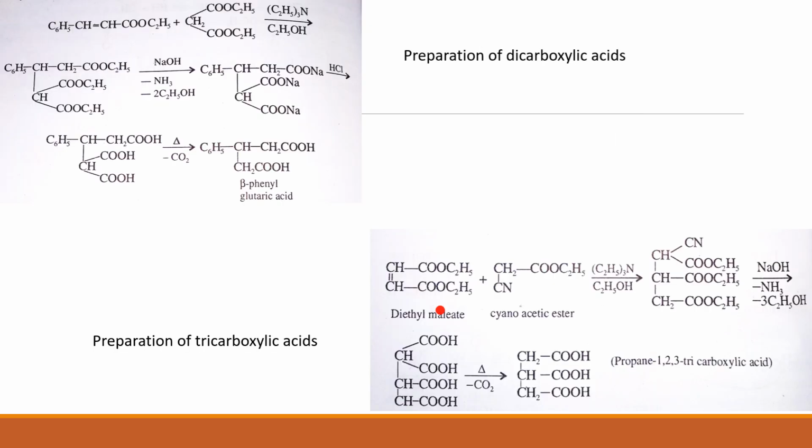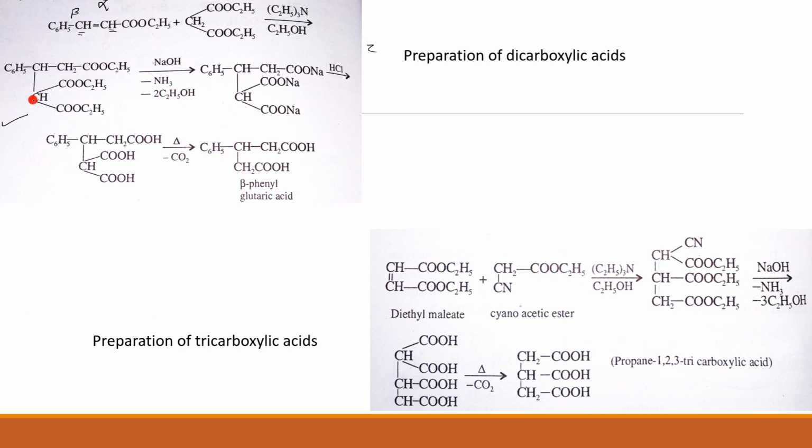These are some other reactions, applications where it's the same thing. Addition: this is your active methylene group, and this is your alpha beta unsaturated carbon atom. So this is your alpha carbon atom, and this is your beta carbon atom. So H goes over here and the remaining part goes over here.